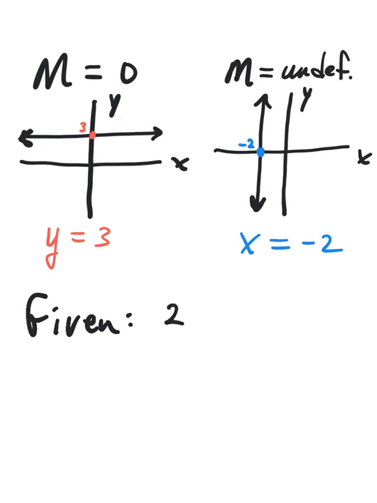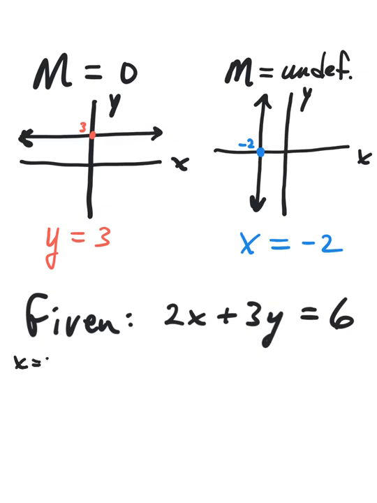Maybe your equation is not in that format. Maybe it's in this format, standard form. I'm going to show you a couple of different ways to graph this type of equation. The first way is an intercept method.